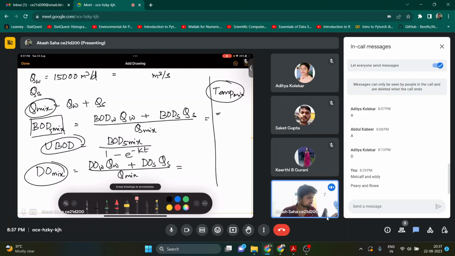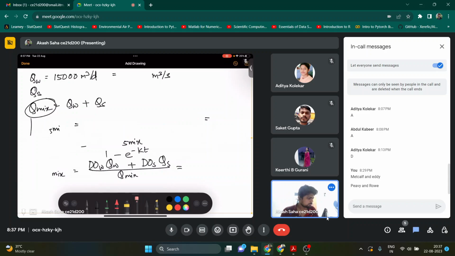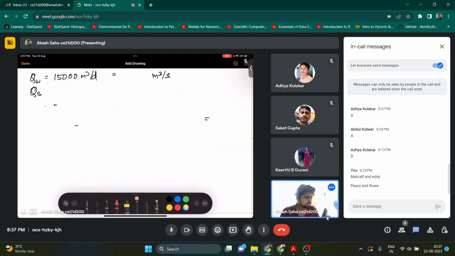Okay, so now the next part. It is said that the conditions are critical during the summer, and also the temperature mix we have got. So suppose we get the temperature mix as some x degrees Celsius.